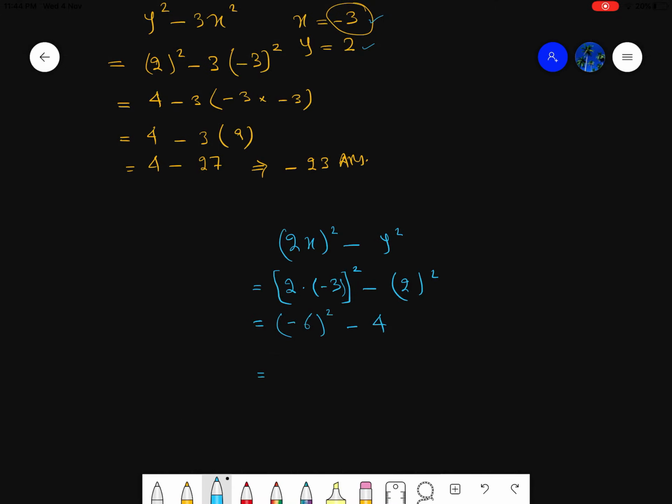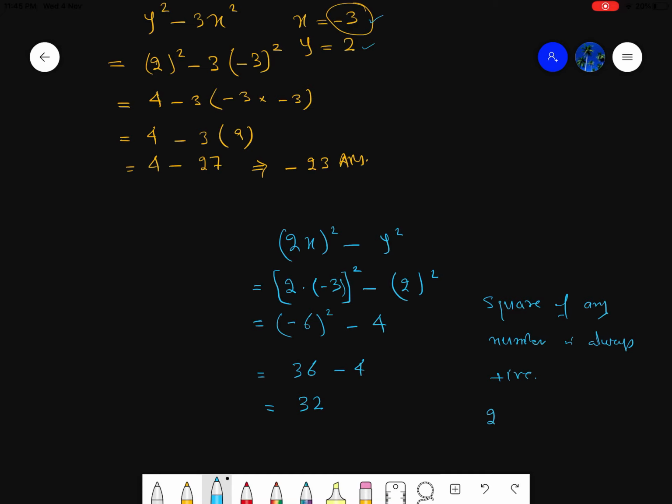2 into minus 3 is minus 6, so this becomes minus 6 whole square, and 2 square is 4. Minus 6 raised to the power 2 means minus 6 multiplied by minus 6, and minus into minus is plus, 6 6s are 36, minus 4 is equal to 32. Remember that the square of any number is always positive.